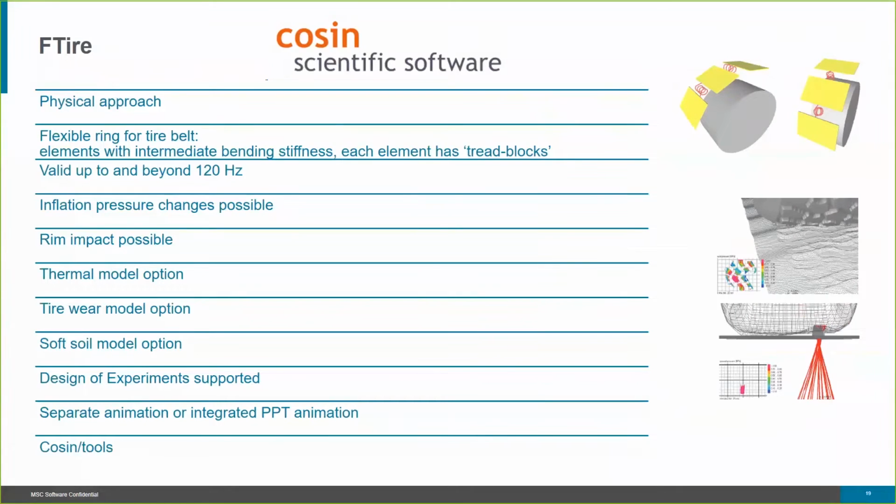So again, as I mentioned earlier in some of the early slides in this presentation, it takes the physical approach to modeling a tire. It's also valid up to and beyond 120 hertz. So where the PAC2002 is really accurate to about 60 hertz, the FTire model takes it to 120 hertz and beyond, which is one of the reasons it's better at durability analysis than the PAC2002.